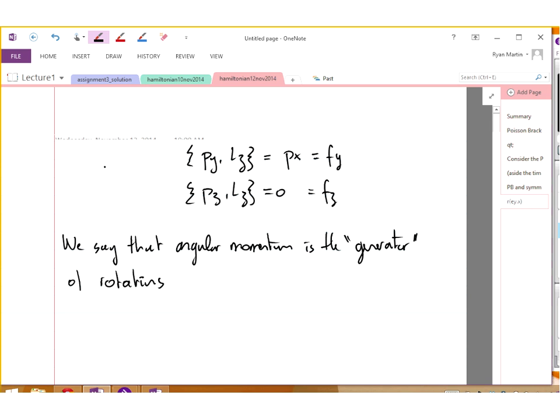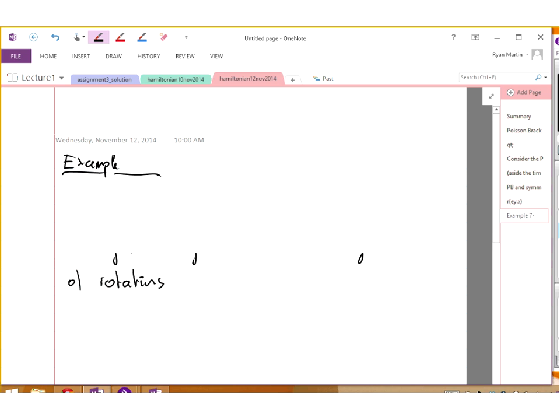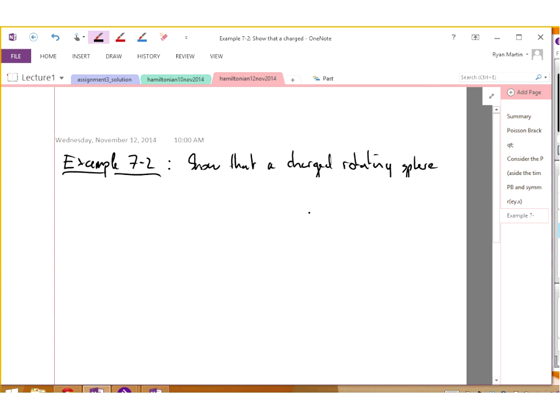So let's do an example. This is 7.2 in the notes. Let's show that a charged rotating sphere precesses about the axis of a magnetic field.